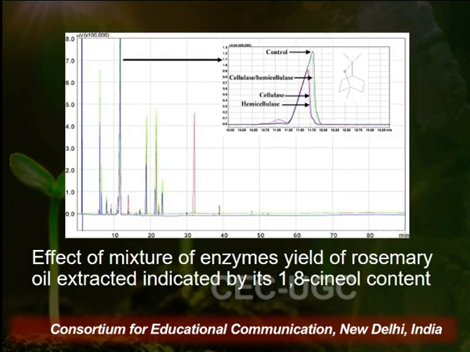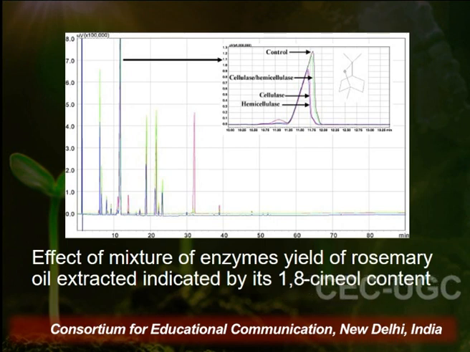When they analyzed the oil of rosemary, with the yield indicated by the content of 1,8-cineol, you can clearly see there is hardly any difference in the oil yield and the cineol yield when the oil was extracted by simple hydrodistillation as well as by using the combination of enzyme mixtures.